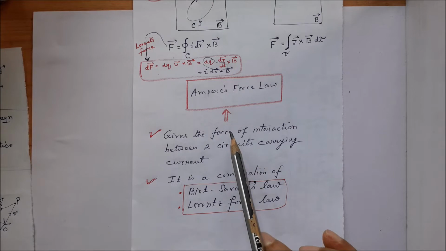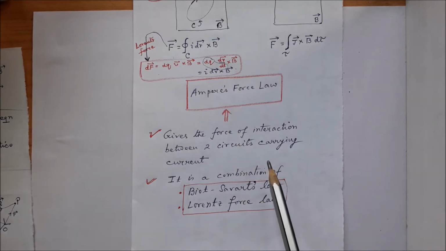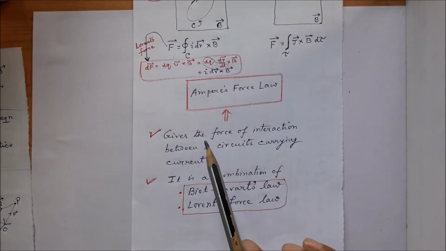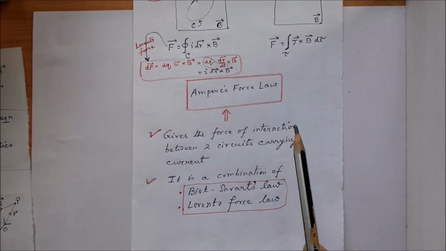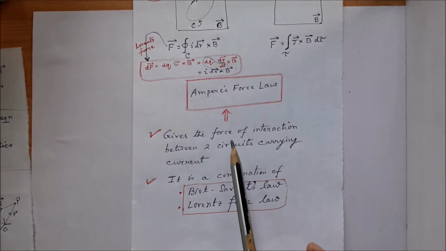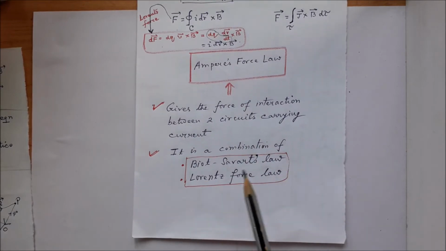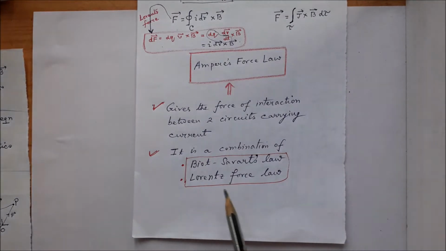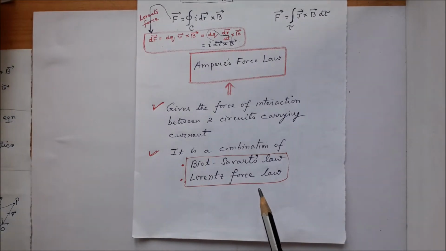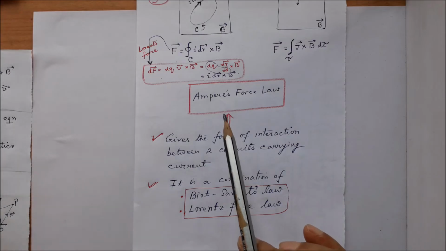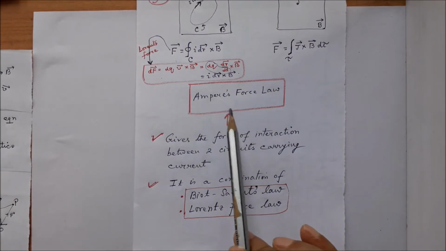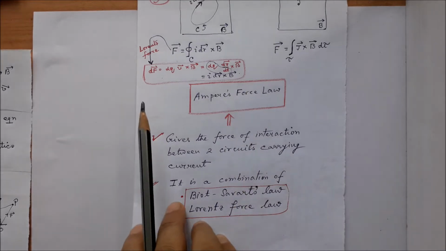That is, it tells us how much force one circuit exerts on another circuit. Let us emphasize that Ampere's force law is derived from Biot-Savart's law and Lorentz force equation, and this we will show explicitly. Let us first go to the statement of Ampere's force law.